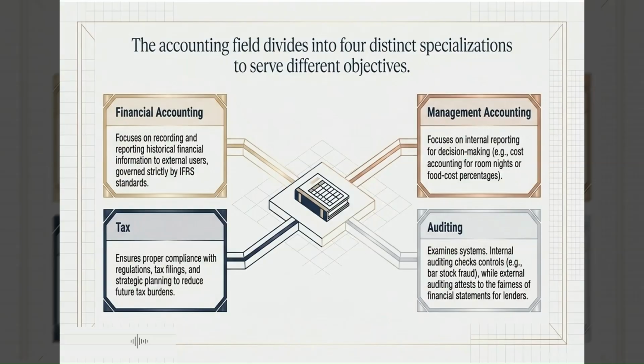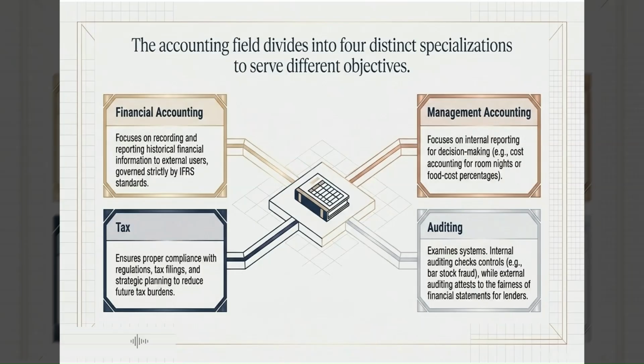Because managers run specific parts of the business, it isolates those parts, the rooms division separately from food and beverage, the Centurion property separately from the Durban one. And because decisions cannot wait for year end, it is produced as often as it is useful, which in the case of an occupancy and revenue report means daily.